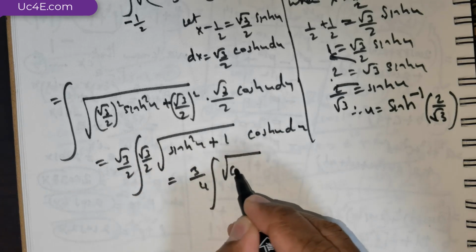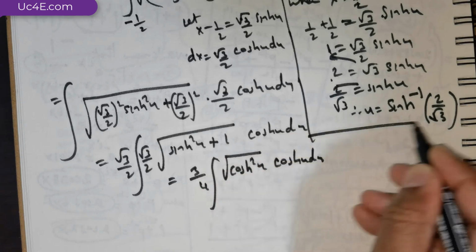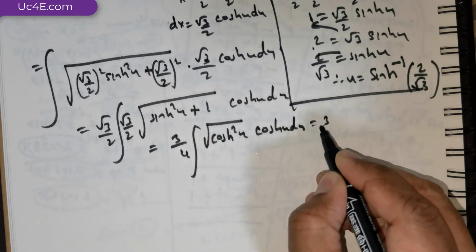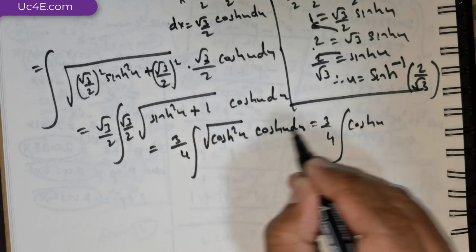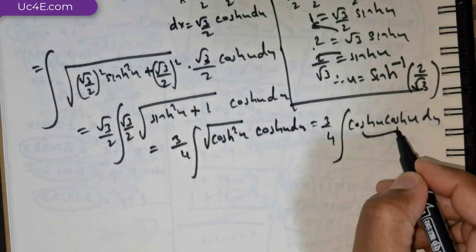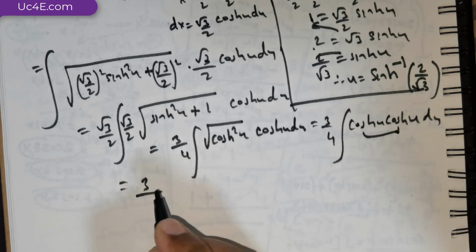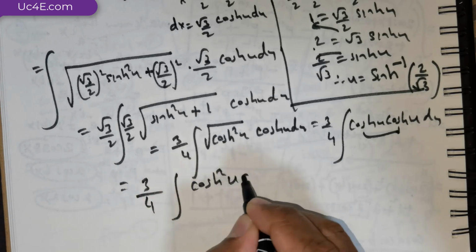This is root of cosh squared u times cosh u times du. This is equal to 3 over 4. Square root of cosh squared u is cosh u times du. You multiply both together. This is going to give me 3 over 4 integral cosh squared u times du.